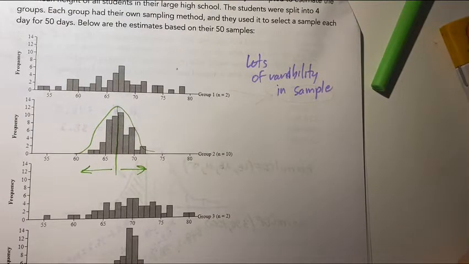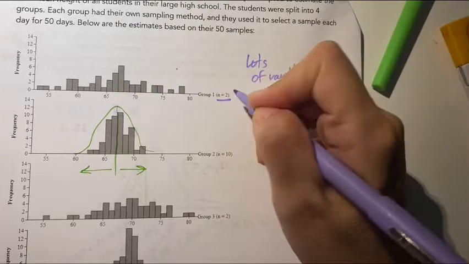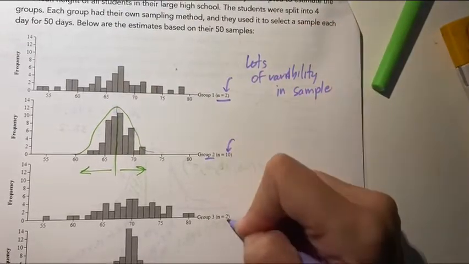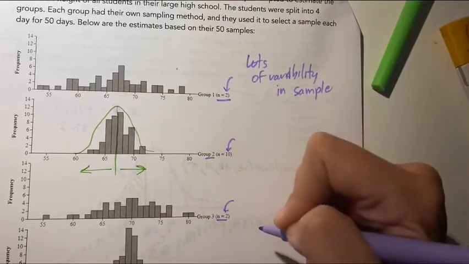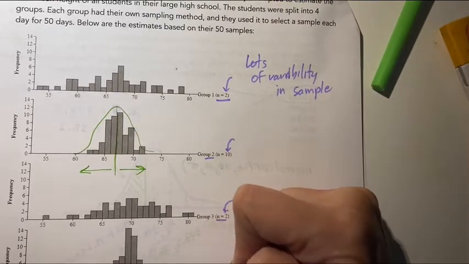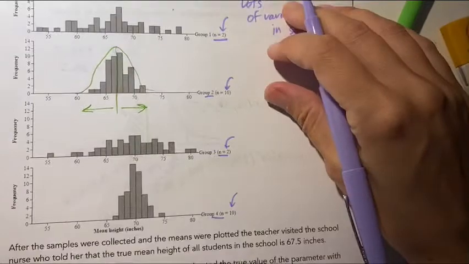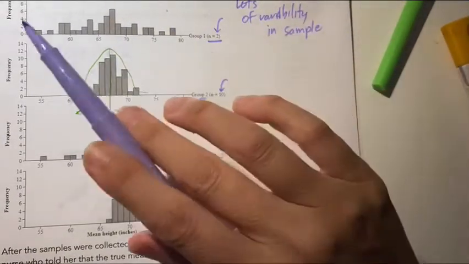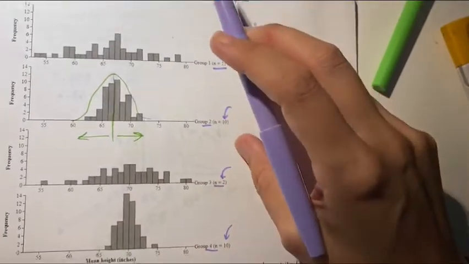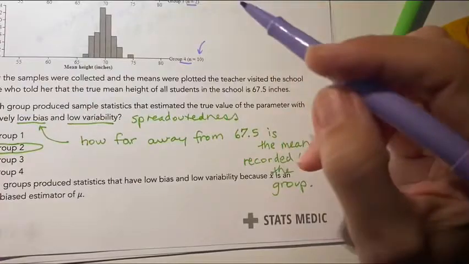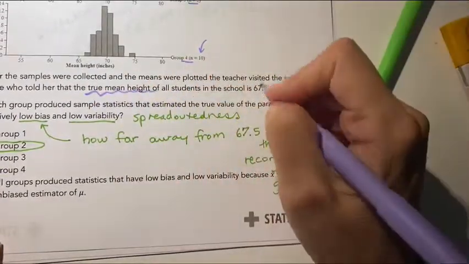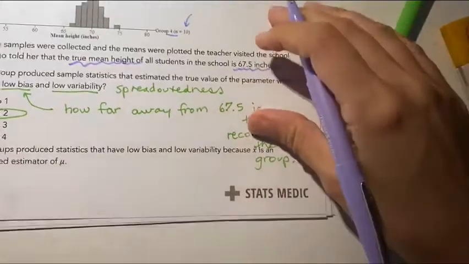In stat class, we did a project where group 1 took a sample size of 2, group 2 took a sample size of 10, group 3 took a sample size of 2 as well, and group 4 took a sample size of 10. Each had their own way of taking a sample, and this is their data from 50 samples. As we take a look, it says the teacher ended up finding that the true mean height was 67.5.